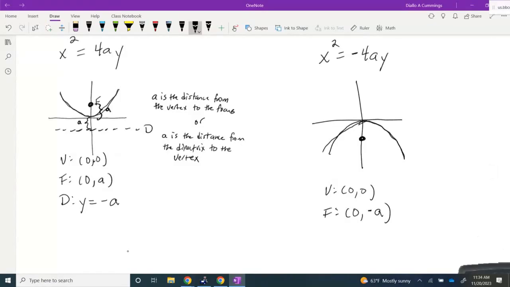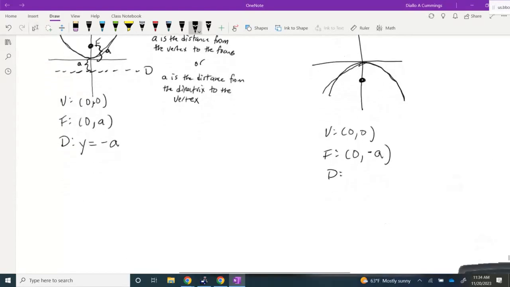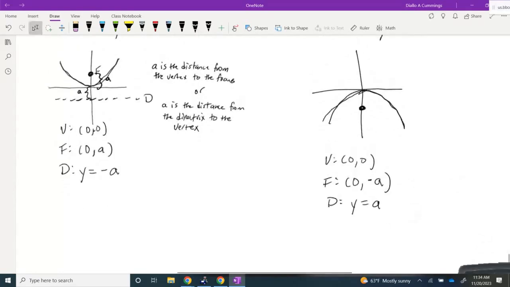Right? Because this point, the x coordinate is 0, and I'm going down a, right? So it's (0, -a). And the directrix has the equation y is equal to +a.